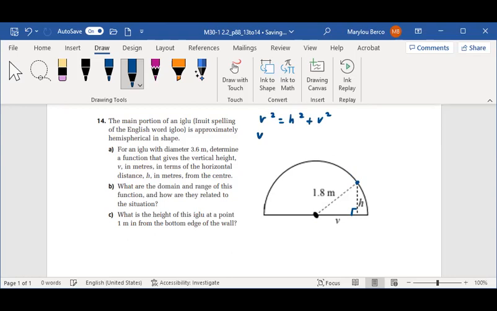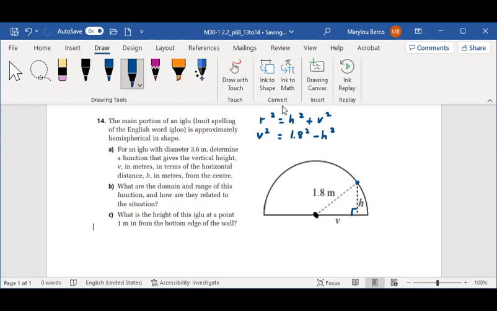So v squared is equal to 1.8 squared minus h squared.